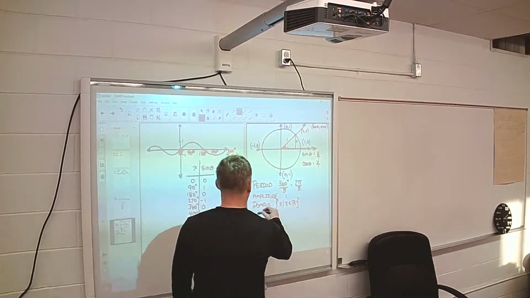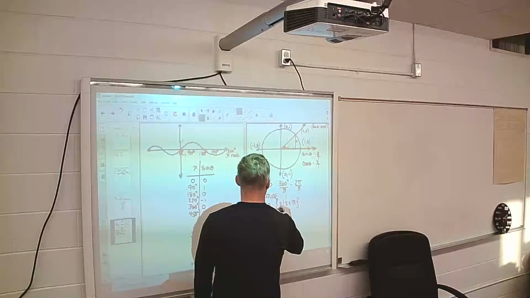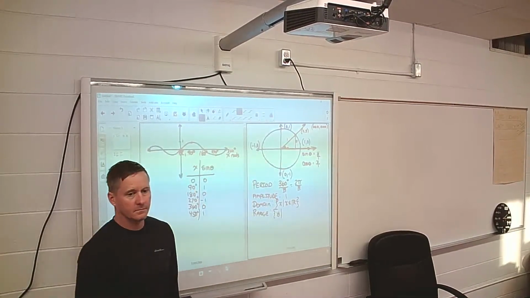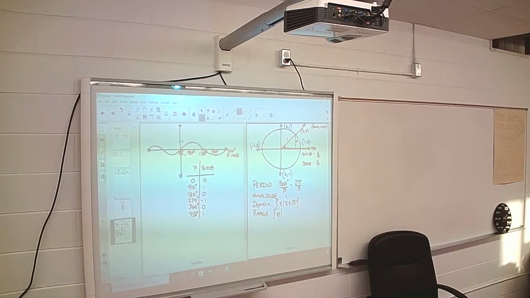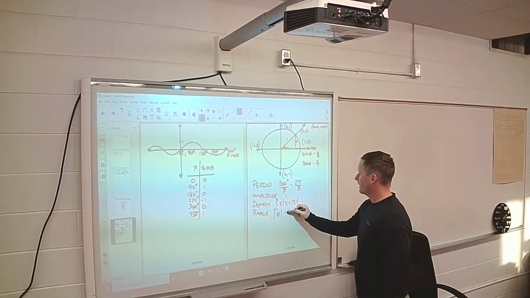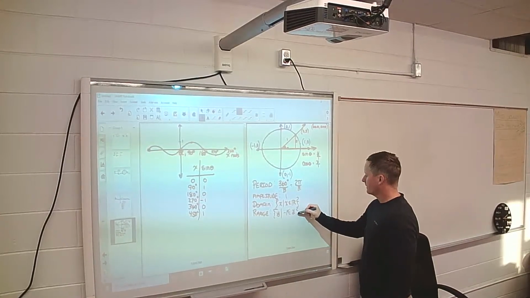The range. What is the range of this graph? Yes. The range is -1 less than or equal to y, less than or equal to 1.